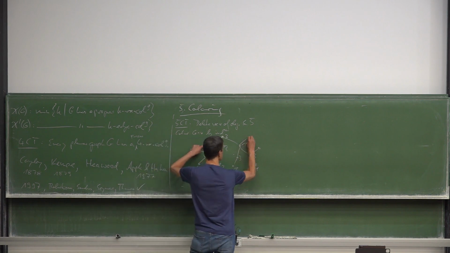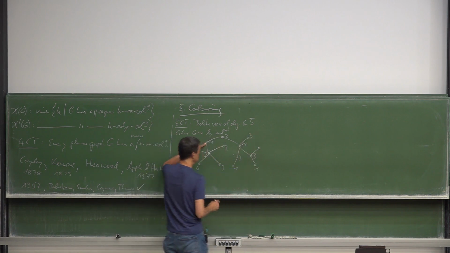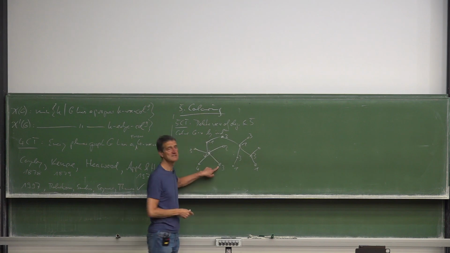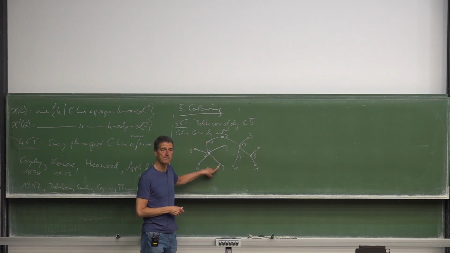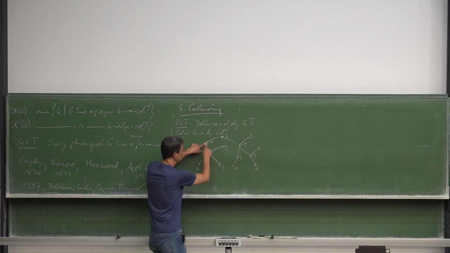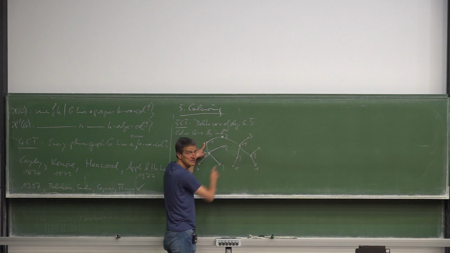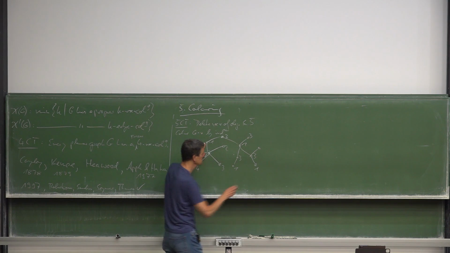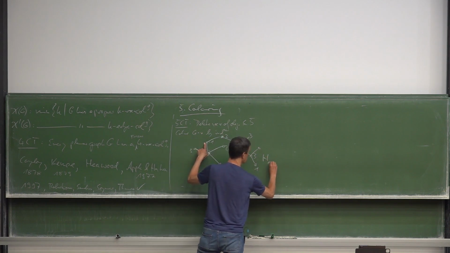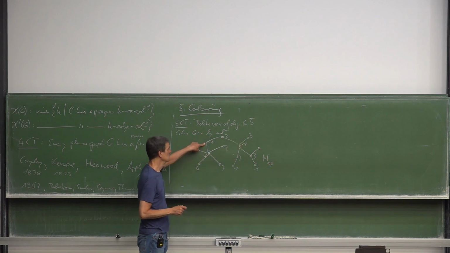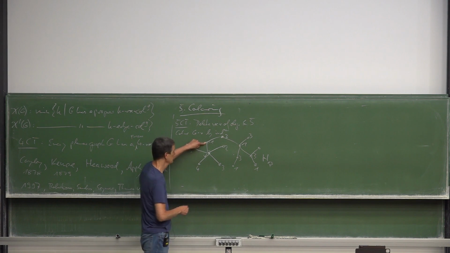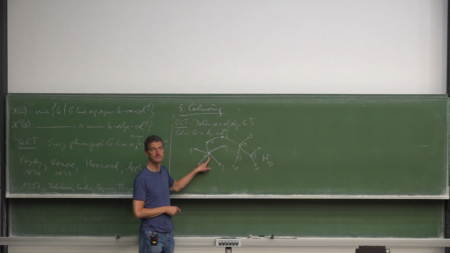And this component, I claim, also contains this vertex. Because if it didn't, we could switch colors in this component of this 1, 3 graph, H1,3, and then this would be colored 3 after the switch, and this could be colored 1.